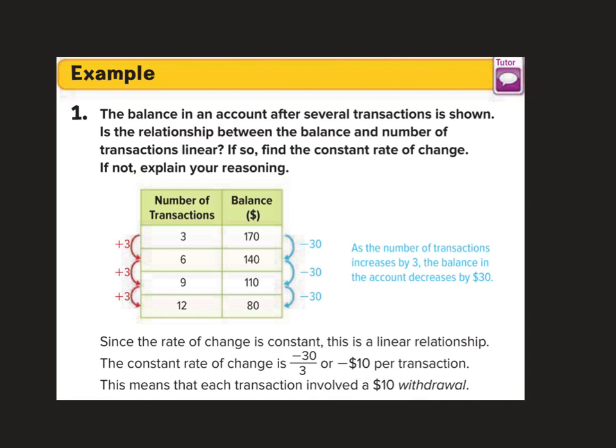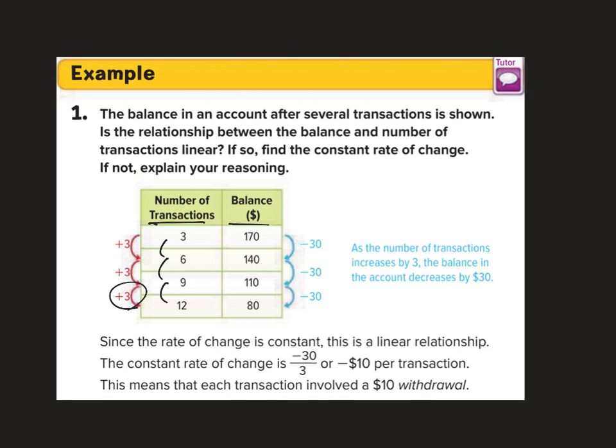So the first thing that we do is we look at the change in each of these values. So we've got number of transactions on the left and the actual account balance on the right. So we look at our transactions, so we go from 3 to 6, from 6 to 9, and from 9 to 12, which is an increase of 3 in each case.